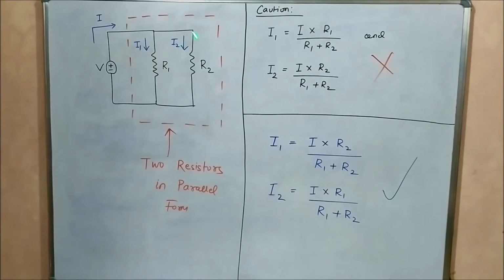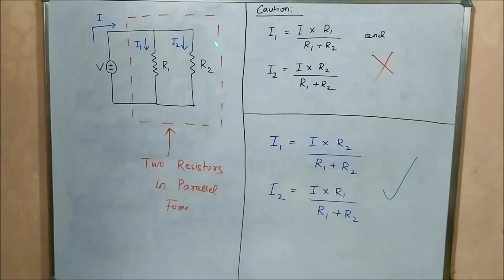Another important thing associated with the current division rule is that whenever you apply it in a complex circuit, here it is a simple circuit that we just used to demonstrate the application, always make sure that the resistive structure to which you are applying the current division rule is always in this form: two resistors connected in parallel, with a total circuit current flowing, which gets divided into two currents flowing through each of the two resistors.